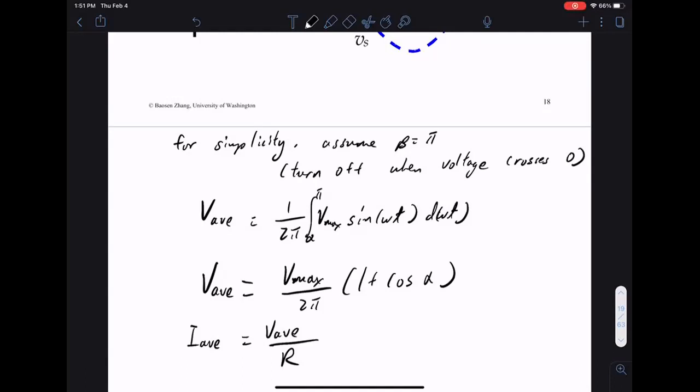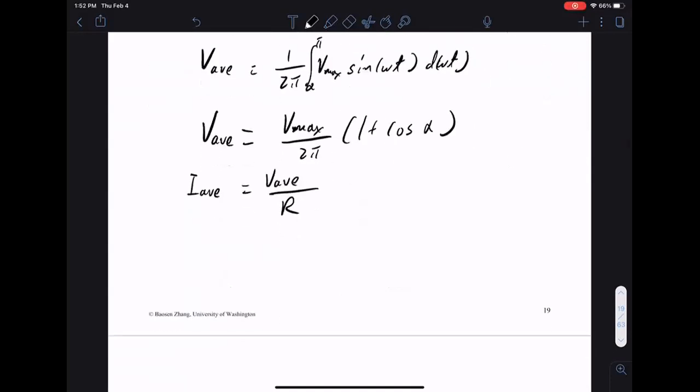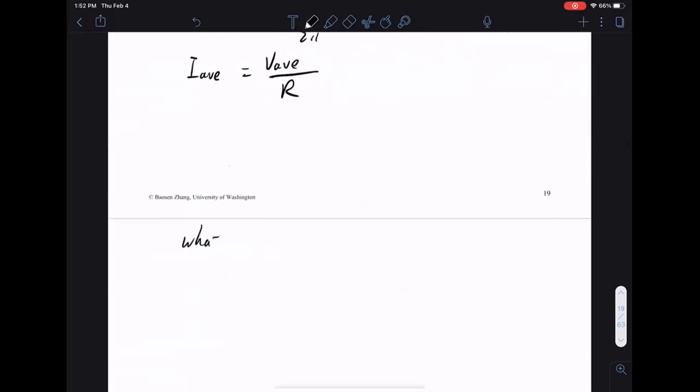Okay, any questions about this? So the max, yeah. So this is average. What about power?